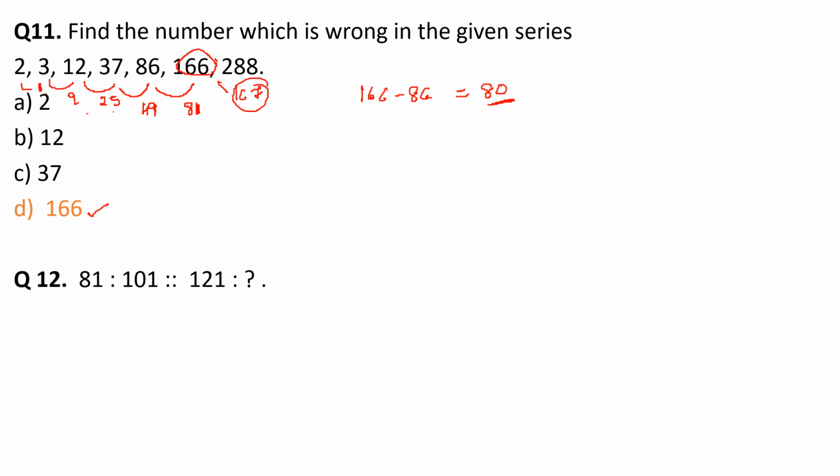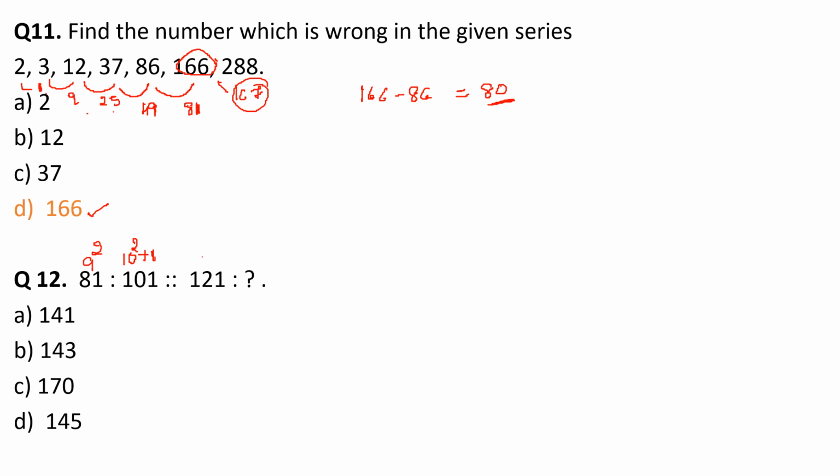Next one. 81 is to 101. Now what is the rule between 81 and 101? And that should follow for the second. 121 is to what? So we know that 81 is 9 square, and 101 is 10 square plus 1, that is 100 plus 1.